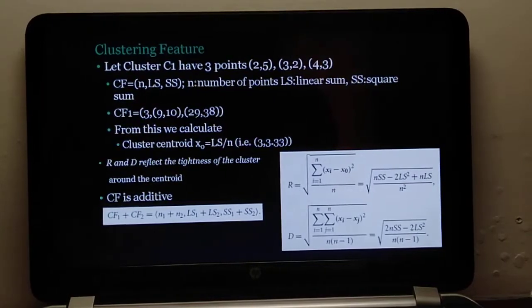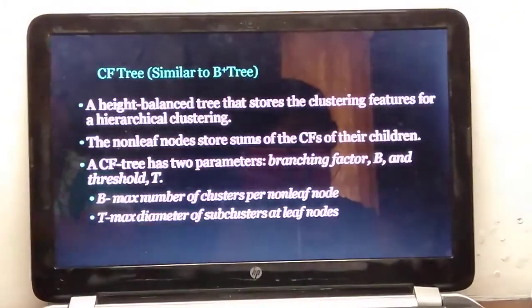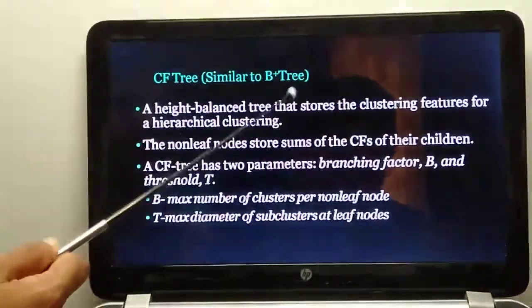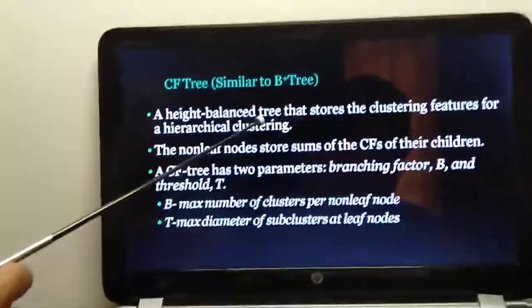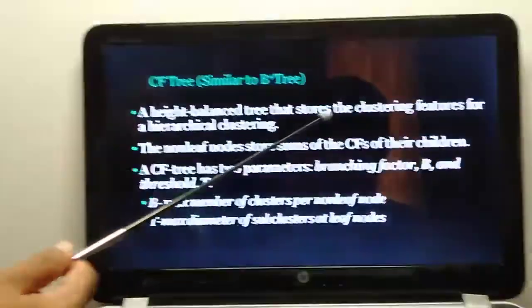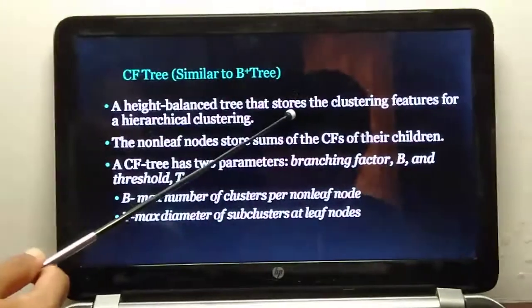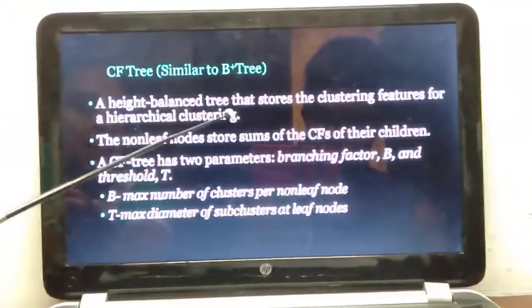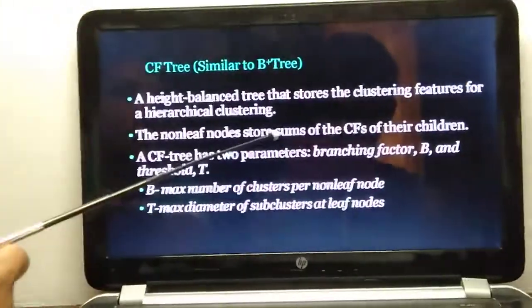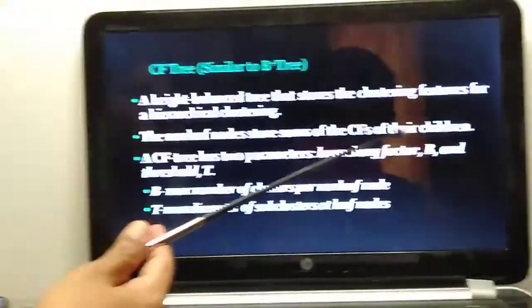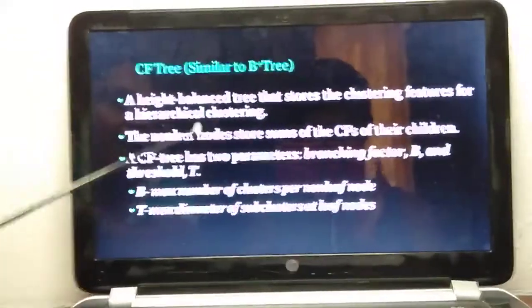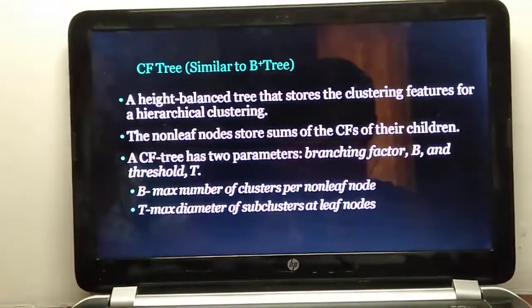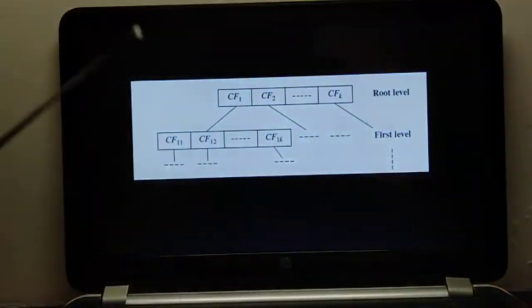Okay. Now we are going to go into a little bit more detail. Remember that building the CF tree is similar to a B plus tree, a height balanced tree. But what does it store? It does not store the data points. Instead, it stores the cluster features for a hierarchical cluster. The non-leaf nodes store sums of the CFs of their children. So, if I have a non-leaf node, not the leaf, like over here.